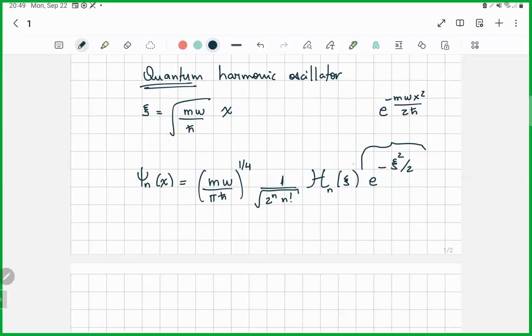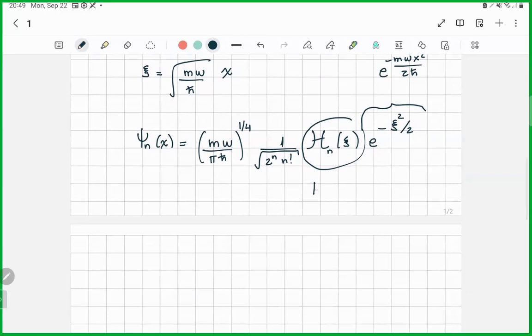And what is this? This one receives a name. They are called Hermite polynomials. And it's just a simplified way to write in one equation all of the solutions of the harmonic oscillator.